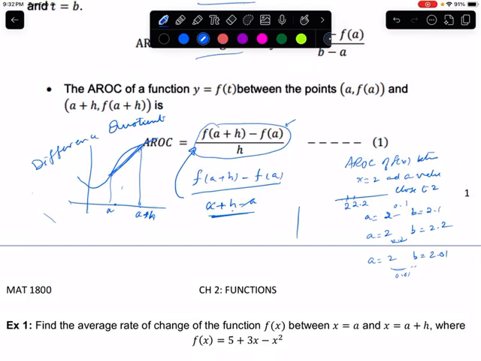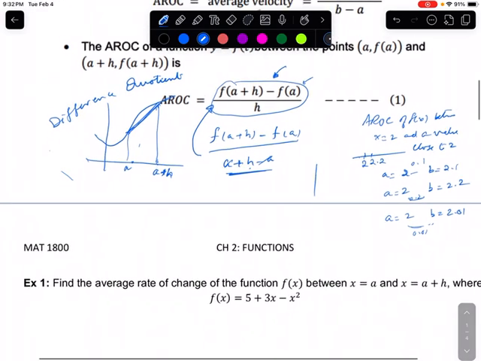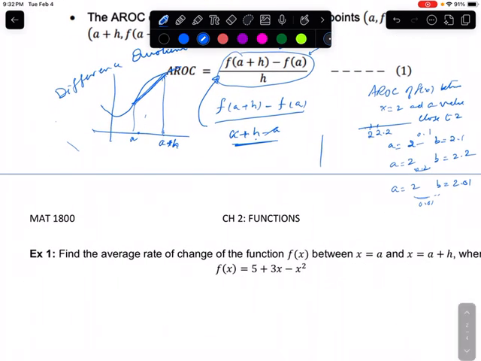Continuing with section 2.4, so we saw what the AROC looks like when between x is equal to a and x is equal to a plus h. So this formula you have to remember, because in the final exam almost every time you will see one question which asks you to find the average rate of change of a function between given values.